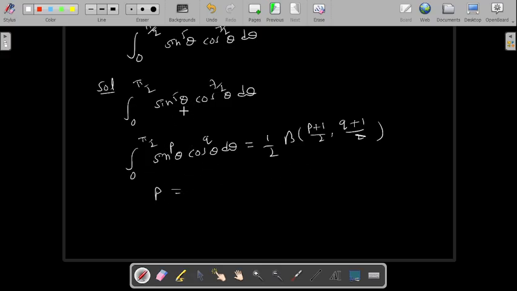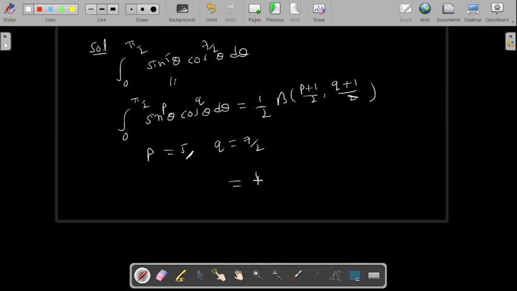Compare the two. P equals 5, q equals 7 by 2. So this will be 1 by 2 beta of (5 plus 1) by 2, (7 by 2 plus 1) divided by 2.